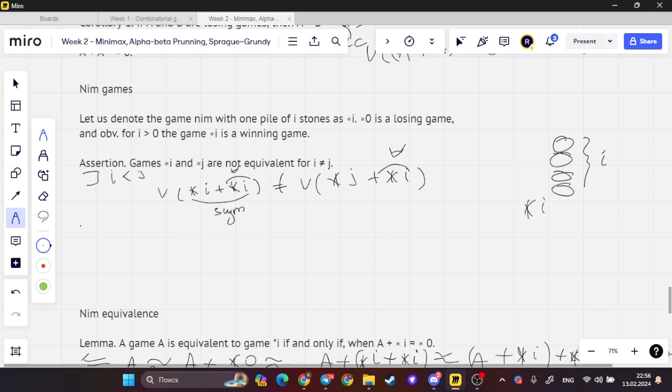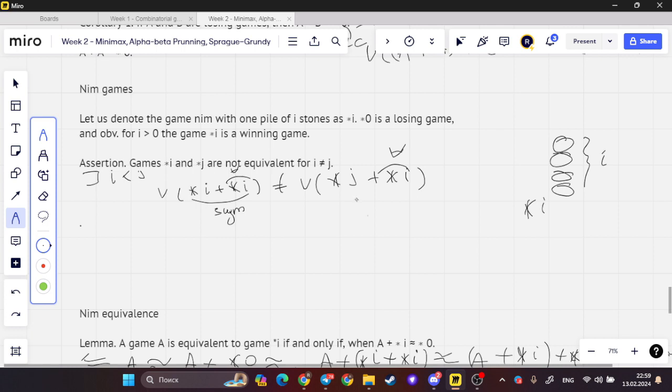We must take some game on which this equality is not satisfied. Let e be less than g, that means we can take from this pile g minus e stones and get e stones.